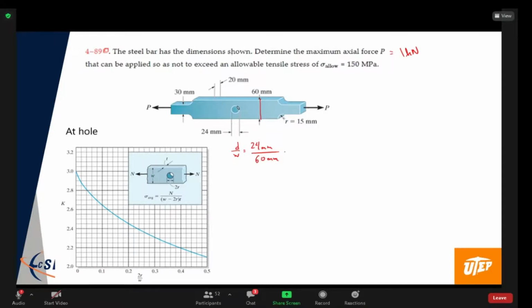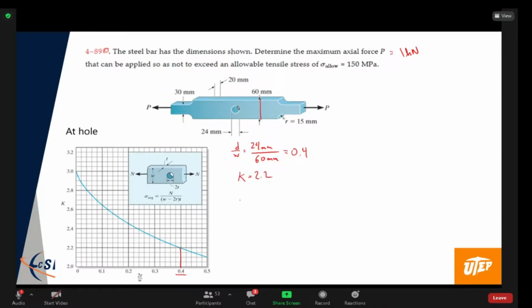So that gives me 0.4. All right, so we're here at 0.4, and if we go up to there, we get the stress concentration factor equal to 2.2.